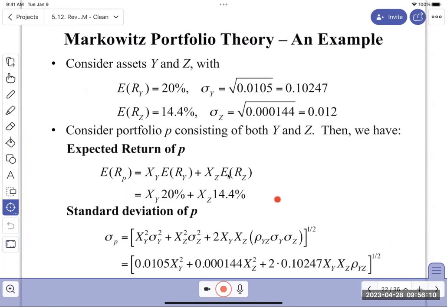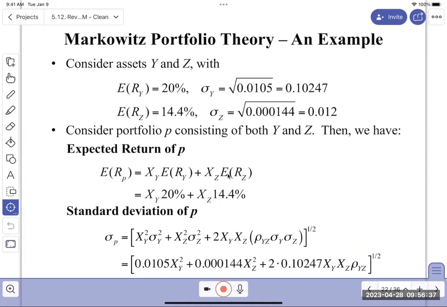I'm just leaving it as a formula for the expected return of a portfolio with this weight for Y and this weight for Z. And then I'm also going to calculate a general formula for standard deviation for this weight of Y and this weight of Z, and then it affects the covariance term as well.